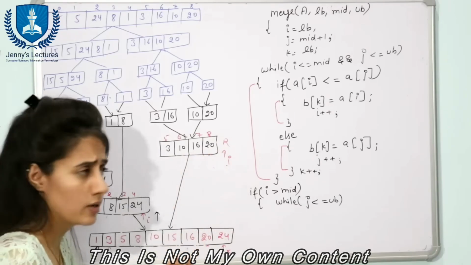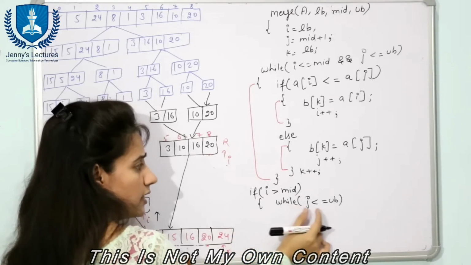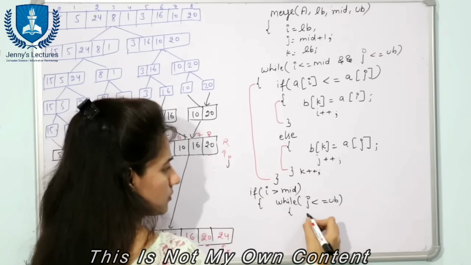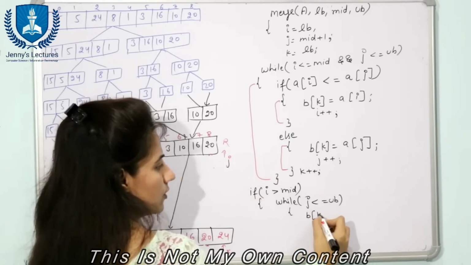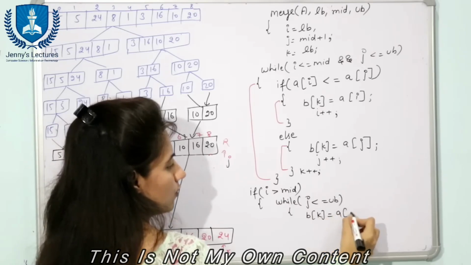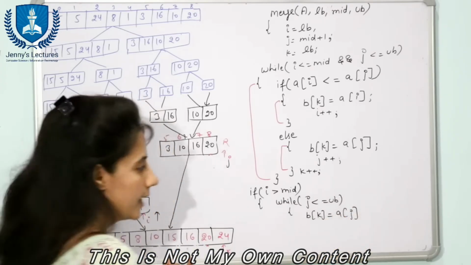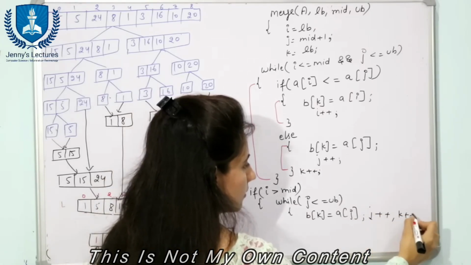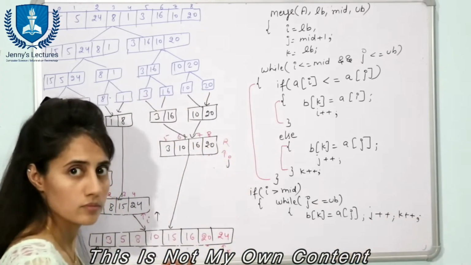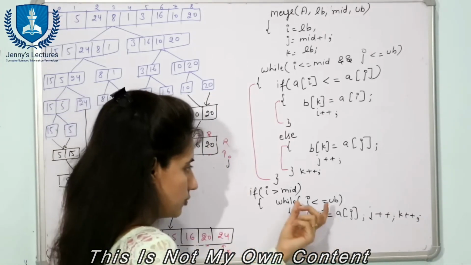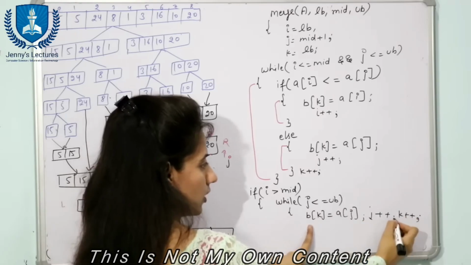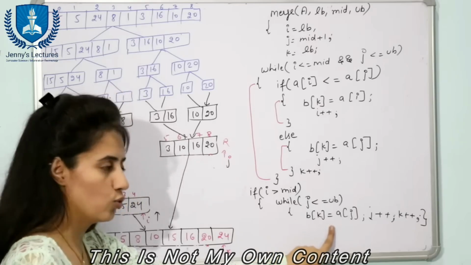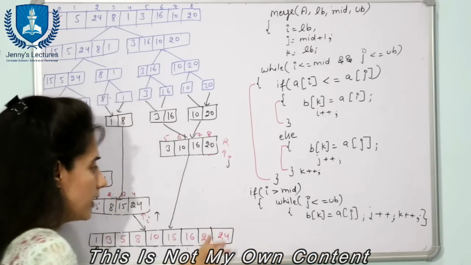Then in b of k you will put a of j, and then j plus plus and k plus plus. I am short of space, that is why I am writing multiple statements in one line. Fine. And here you will enclose this while loop. Okay.